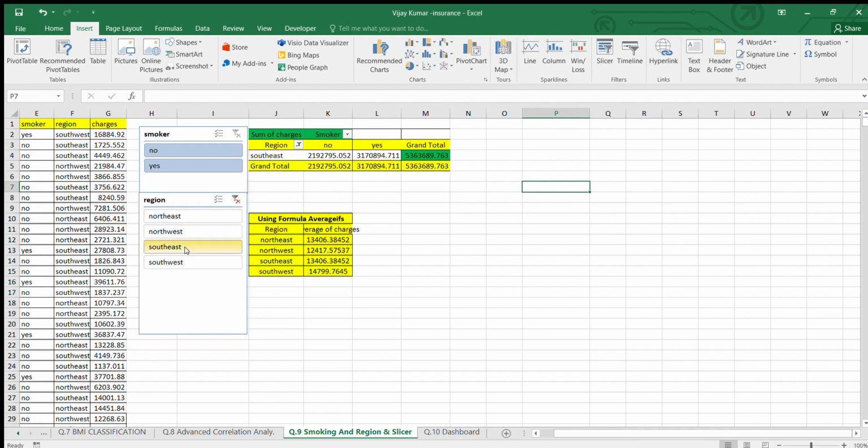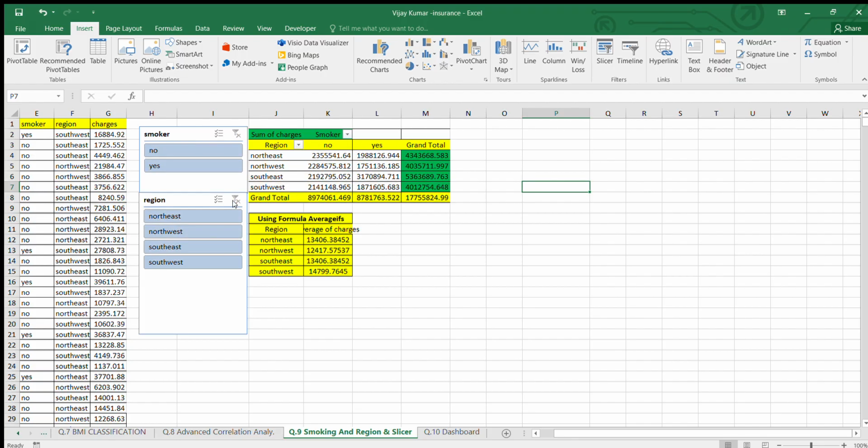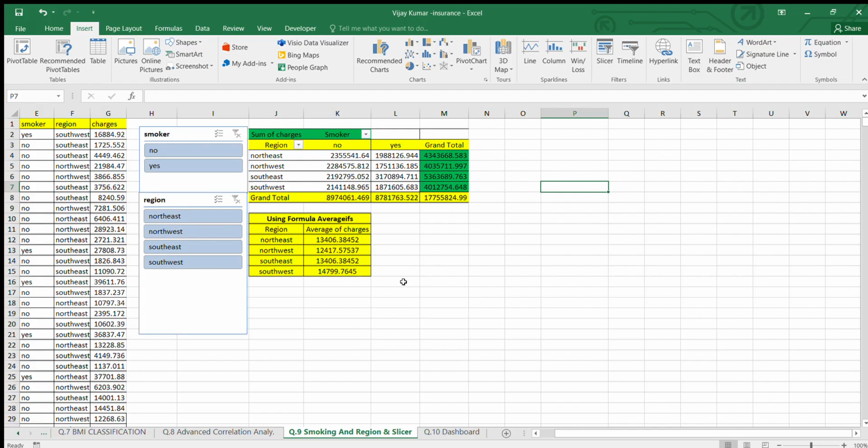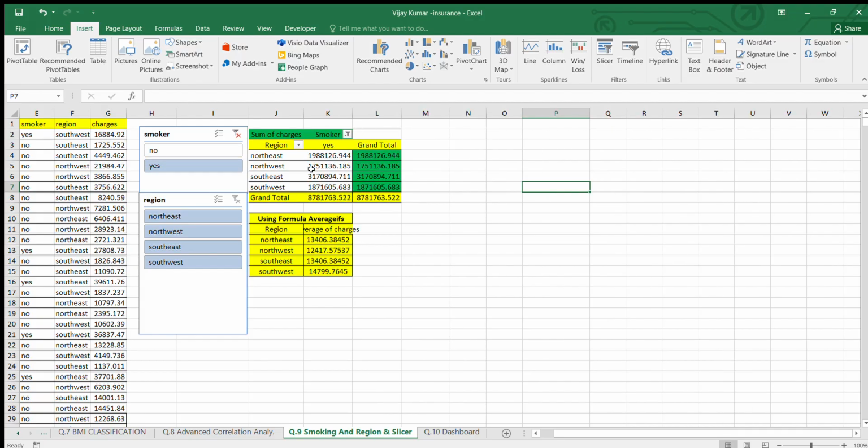So this is the overall solution of question number 9, region wise smoker persons. So I can say which region has the highest smokers. I can say that the region is the southwest. The southwest region has the highest number of smoker persons.